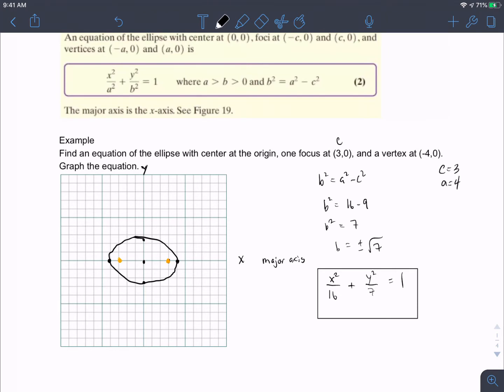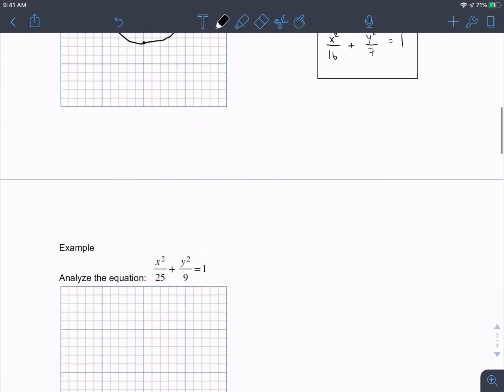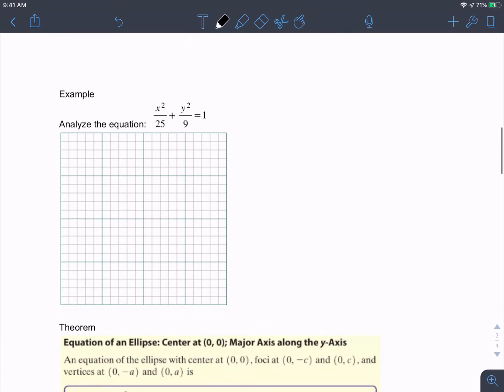Let me show you another example, doing it from a different format. If I give you something like this, it's pretty cool. The major axis is going to be the x-axis, and the reason we know that is because the 25 is bigger than the 9, and that's along x.